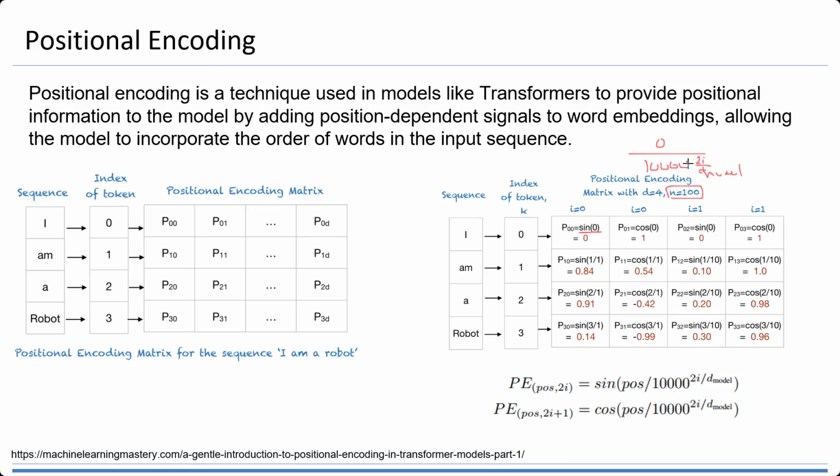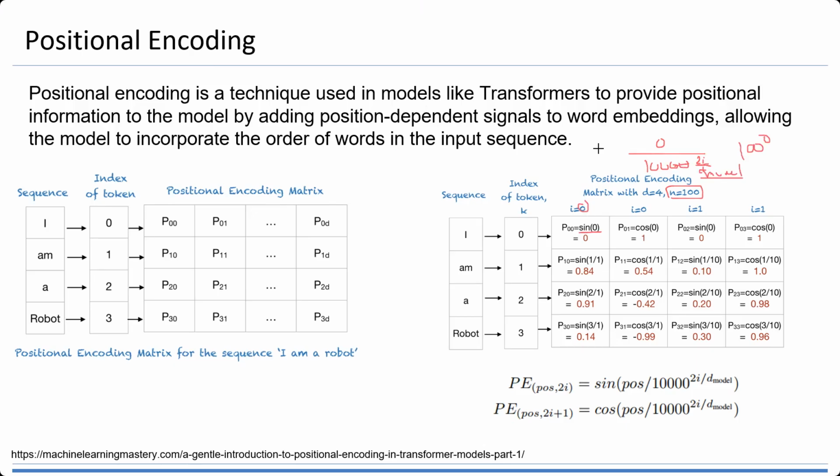So if we remove the 2 digits, it becomes 100. 2i, 2 multiplied by i, it is 0. Okay. Then 0 divided by any number will be 0. Then 100 to the power of 0 is 1.